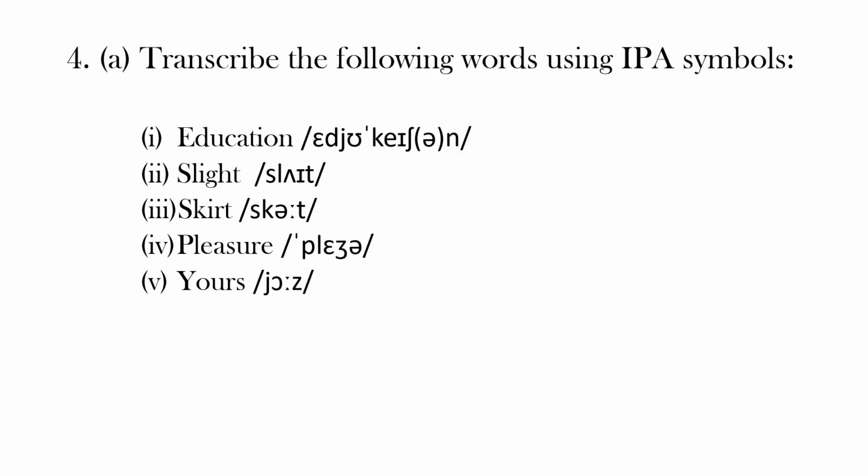Question 4. A. Transcribe the following words using IPA symbols. Roman 1. Education. Look at the transcription and make sure you copy down the symbols as they are provided.